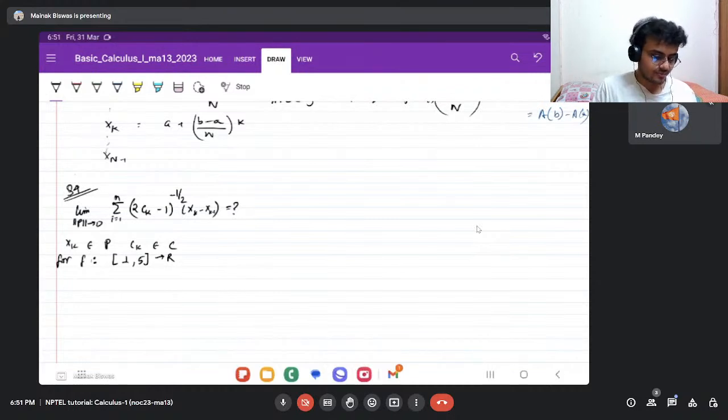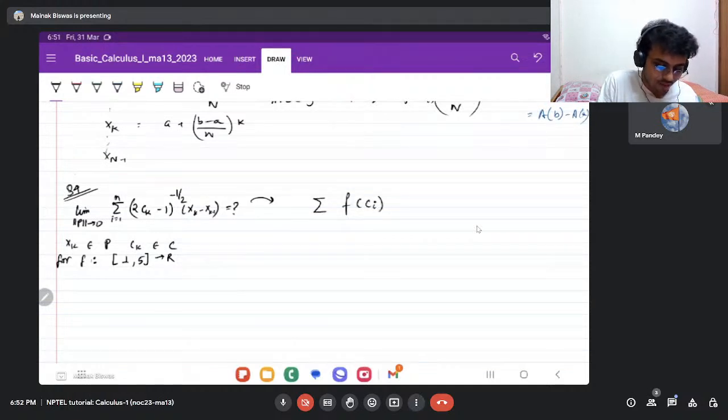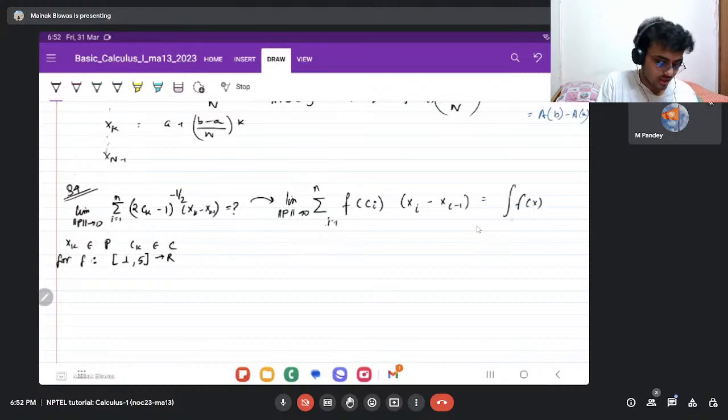Any ideas? See, this is from your definition of the Riemann sum, right? Can you see the definition of the Riemann sum that we defined before? The sum of f of c_i times (x_i minus x_(i-1)) for i equal to 1 to n, limit p tends to 0, is nothing but the integral of f of x from a to b, dx.